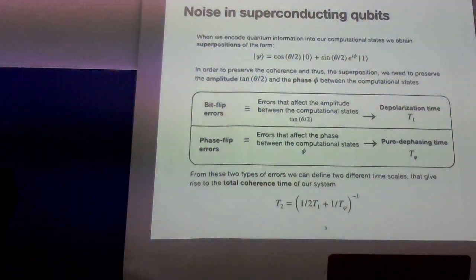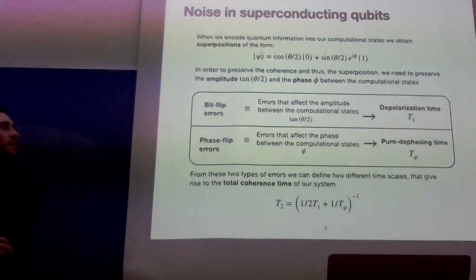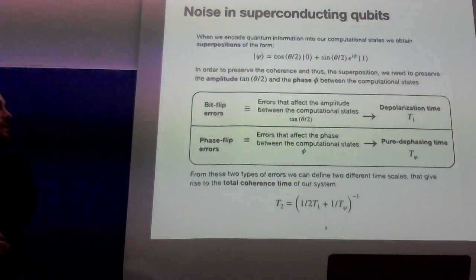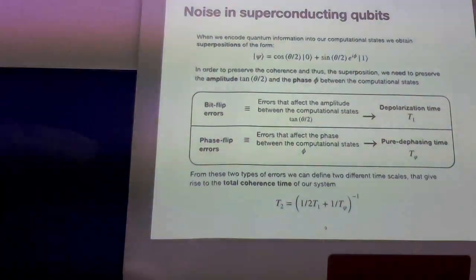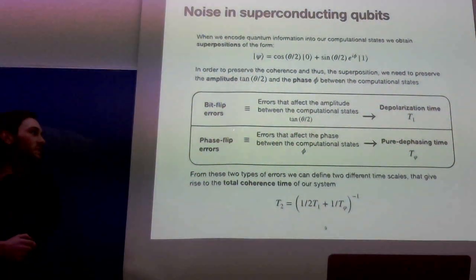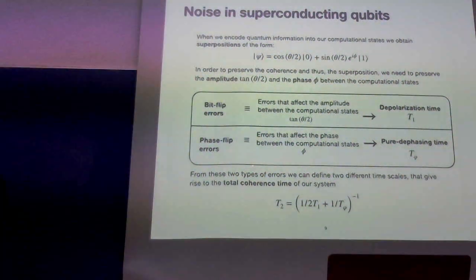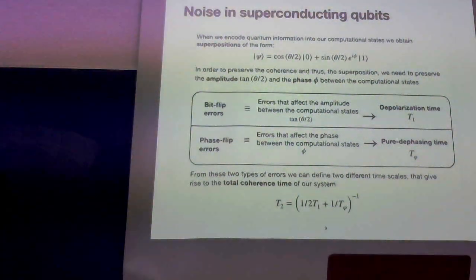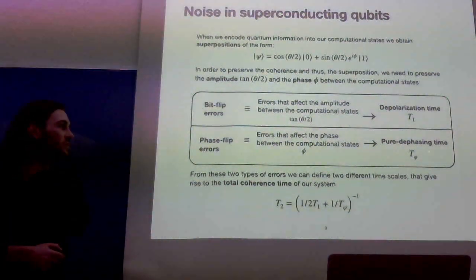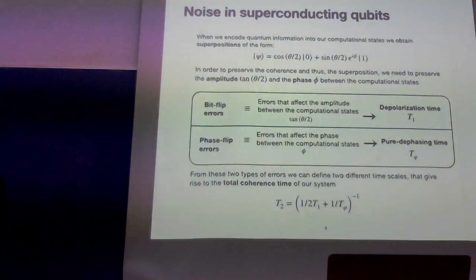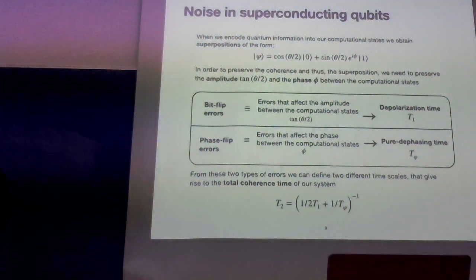Bit flip errors affect the amplitude between the computational states, and they define our depolarization time T1. However, there are also phase flip errors, which affect the phase between the computational states and define our pure dephasing time. With these two time scales, we can define the overall total coherence time of our system like this.